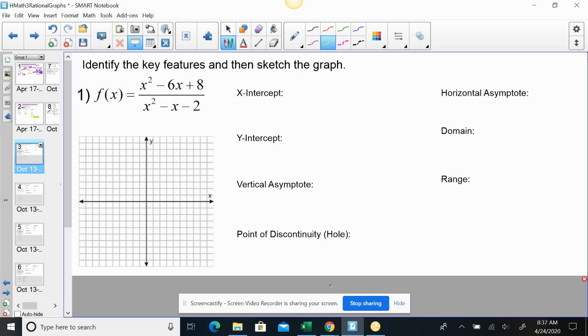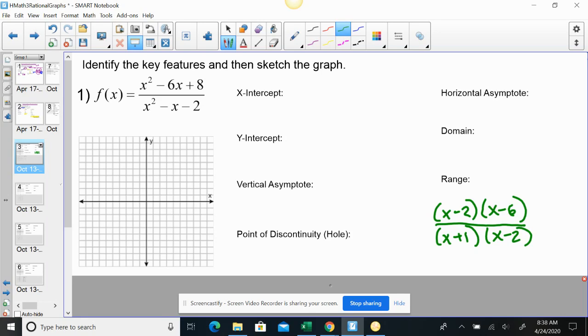Okay. So I would suggest you factor and you look for holes first. Most online resources did not do that, but if this was my expression, I would think of this as what multiplies to be 8 and adds to be negative 6, which would be negative 2 and negative 6. In the denominator, what multiplies to be negative 2 and adds to be negative 1 would be positive 1 and negative 2.